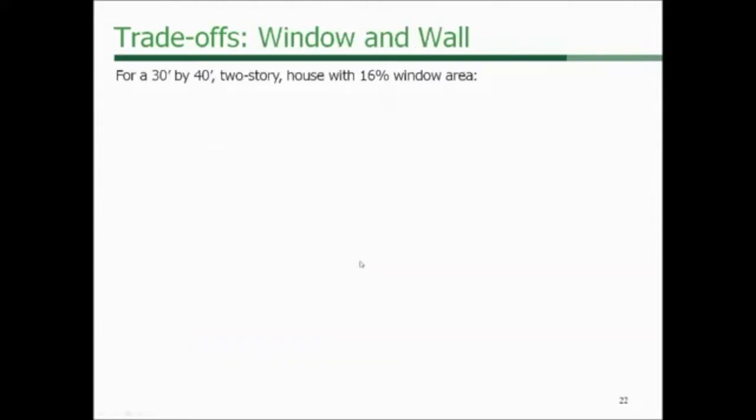Okay, so this is our example. It's a real simple 30 by 40 two-story house with 16% window area. When I say 16% window area, I'm talking 16% of the exterior walls are windows. So the total wall area, both windows and opaque walls, is 30 times 8, we'll say it's 8 feet high, times 2 because there's a front and a back, and times 2 because there's 2 stories.